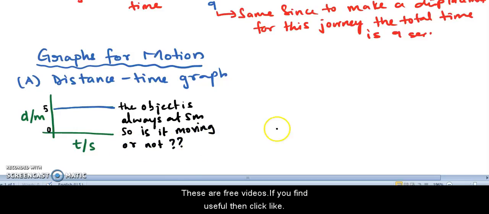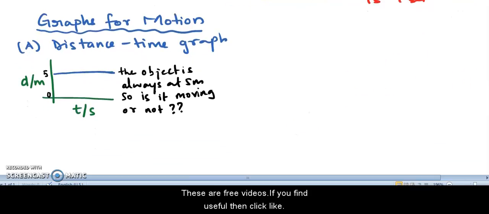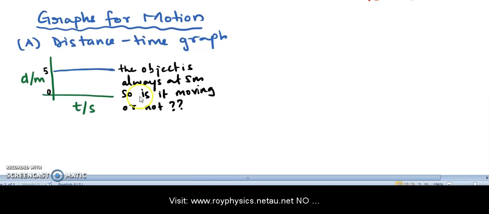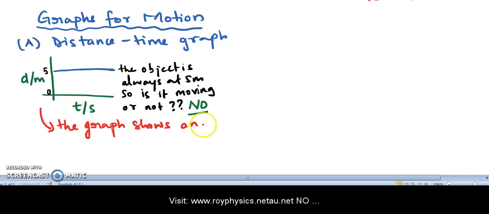I'm sure you know the answer. Obviously, the answer is, we all know, no. So, if it is not moving, then what does this graph represent? Then the graph shows an object is stationary.